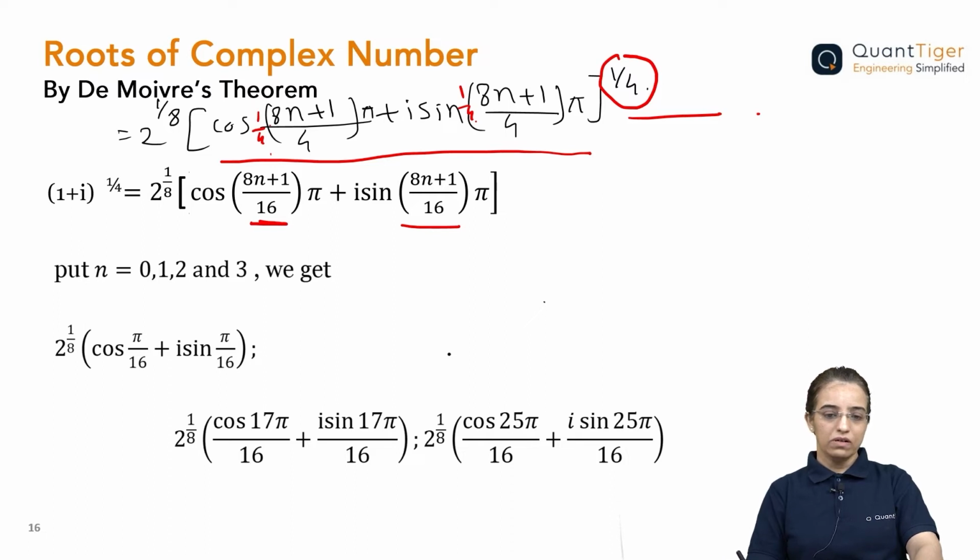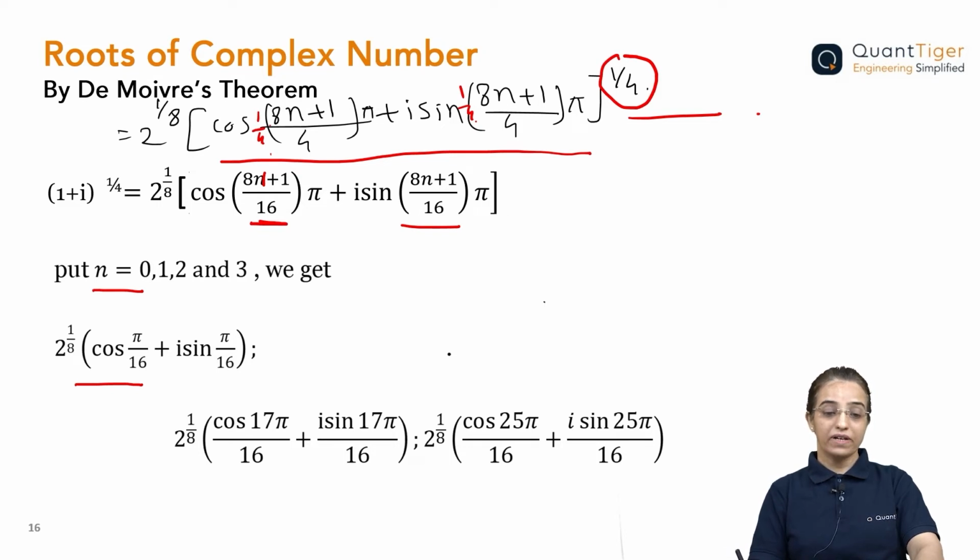Now here we will keep n's value as 0, 1, 2, 3. So now if you keep in this whole thing n's value 0, then we will get this first term, which is cos pi by 16 and i sin pi by 16.